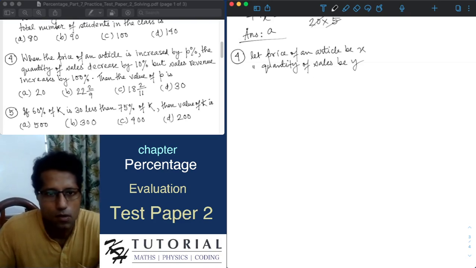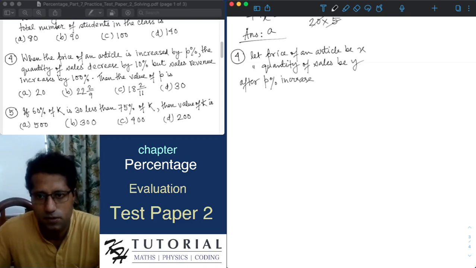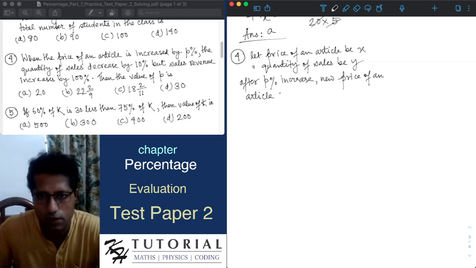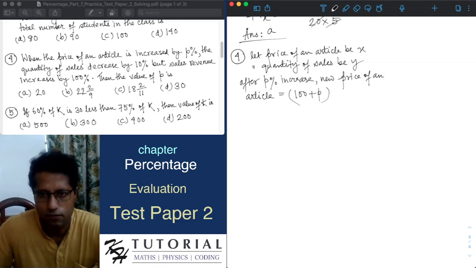Now, when the price of an article is increased by P%, after the P% increase, the new price of an article becomes, when something gets increased by P%, it becomes 100 plus P% of the original value.